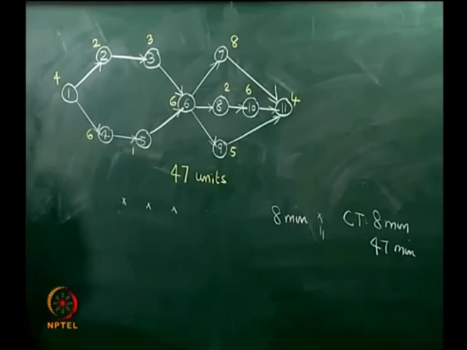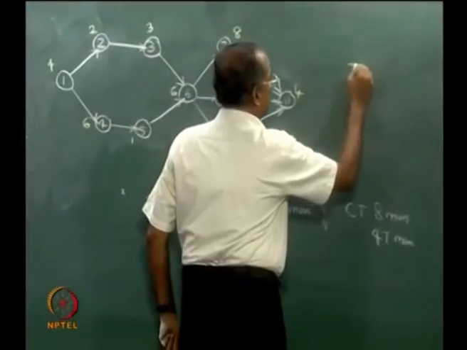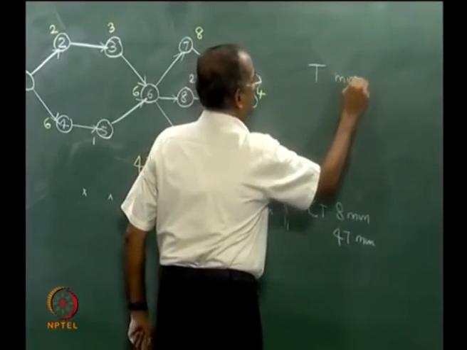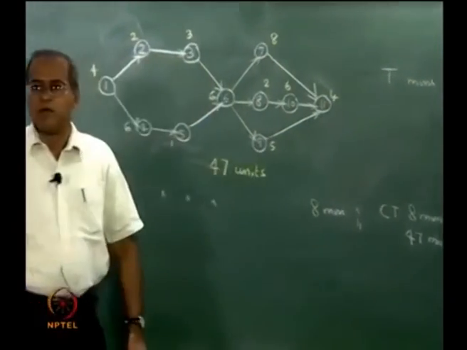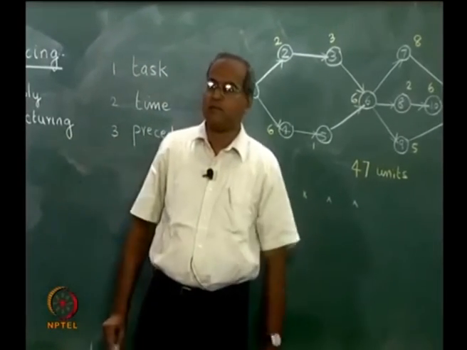So, the problem that we wish to solve is, given a cycle time of T minutes, what is the minimum number of workstations that we require?